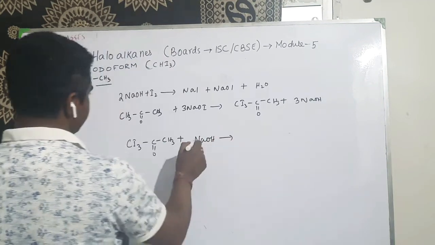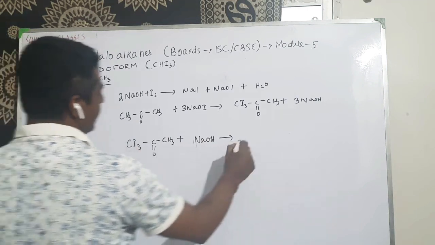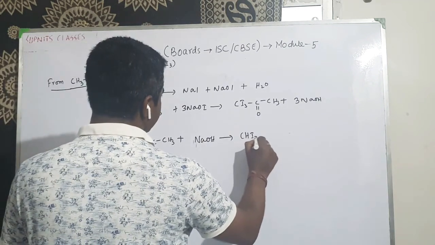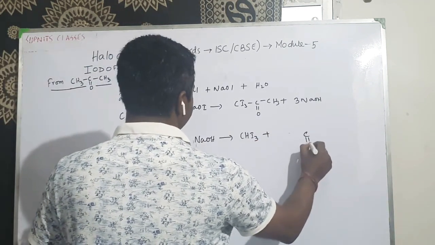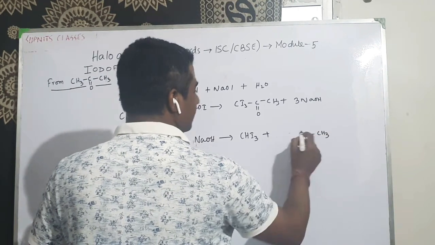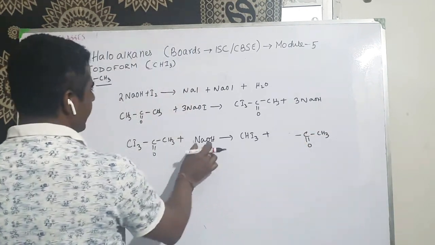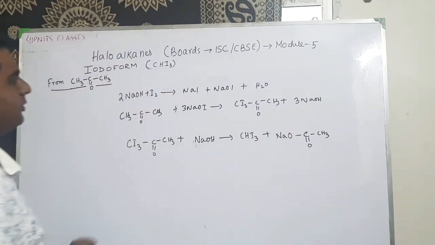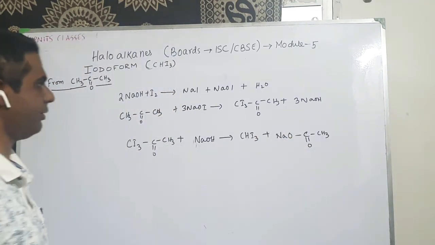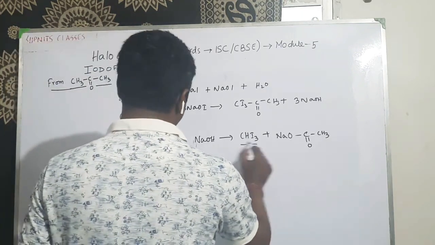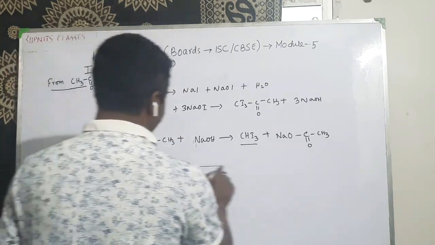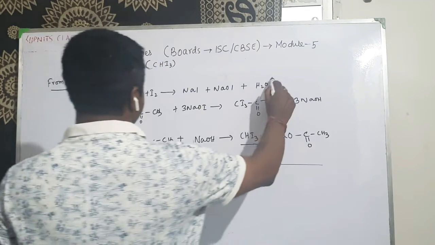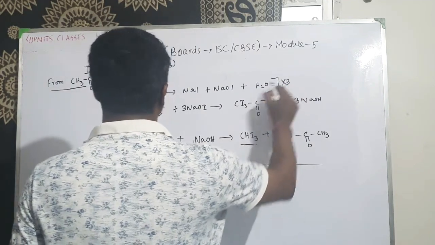And here obviously with this hydrogen, this CI3 will go CHI3 plus, keep this as it is and join NaO over here. ठीक है, sodium acetate is getting formed, and obviously our main product. You have to add at the end of the day. You have used 3NaOI over here, so into 3.